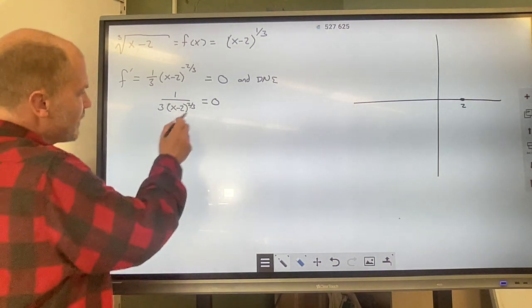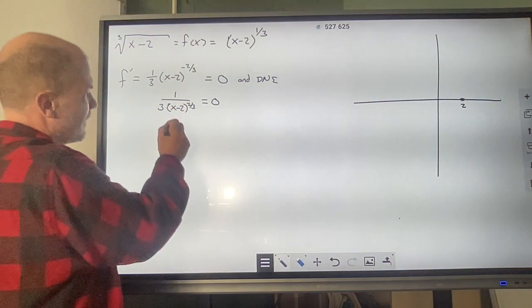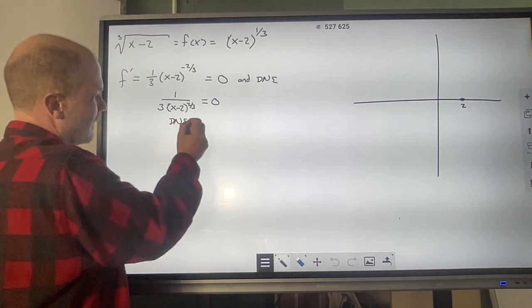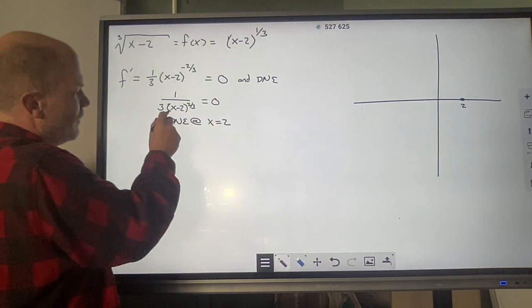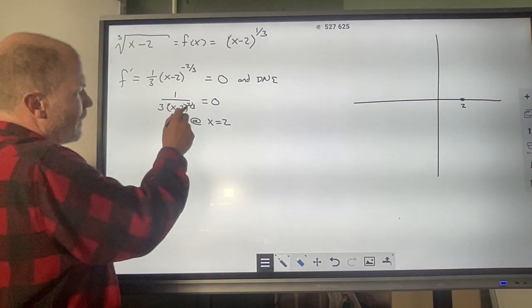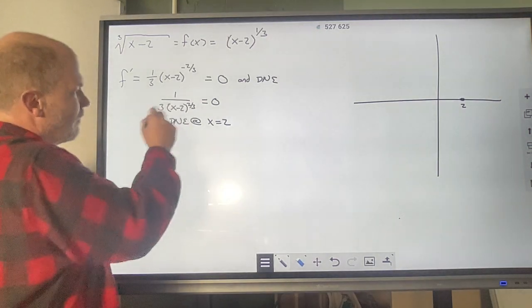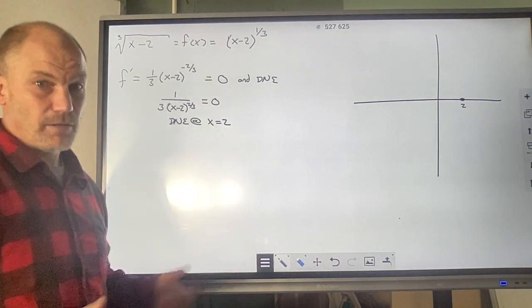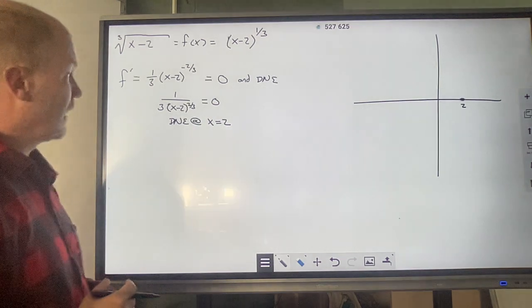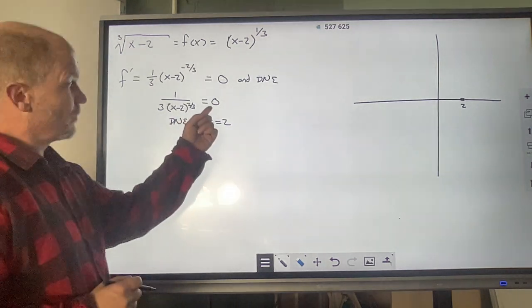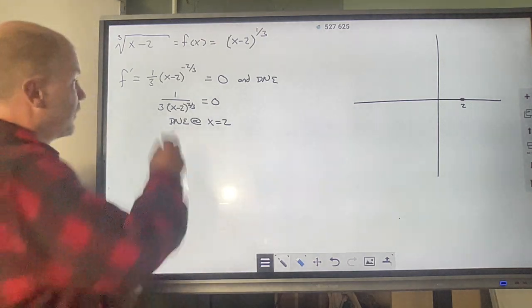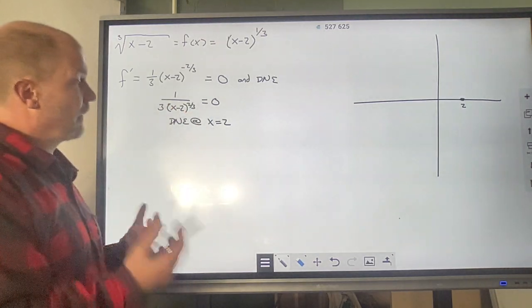So I know that this thing does not exist at x equals 2. Because if I plug in 2 here, 0 squared and then the cube root, it's all 0. 1 divided by 0, that's my issue. I also know that this function will never equal 0 because the numerator will never equal 0 if I cross multiply it.